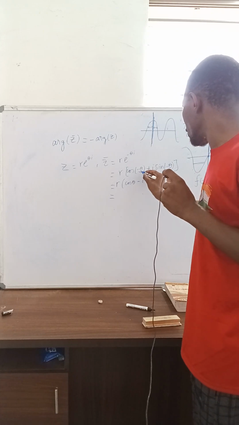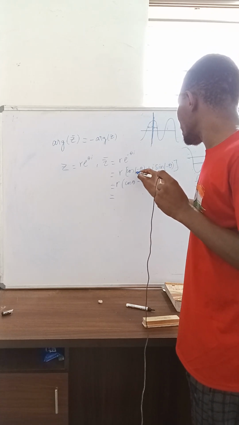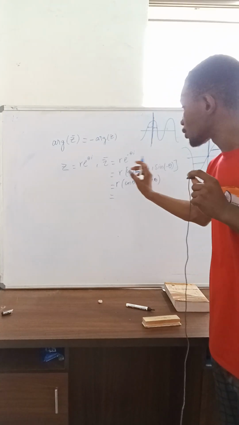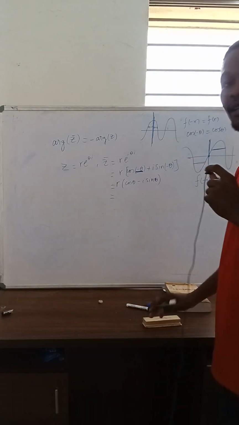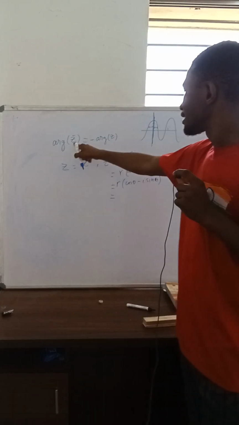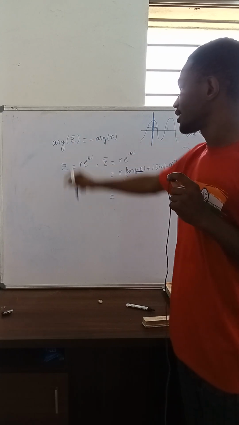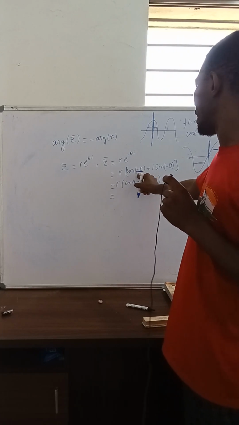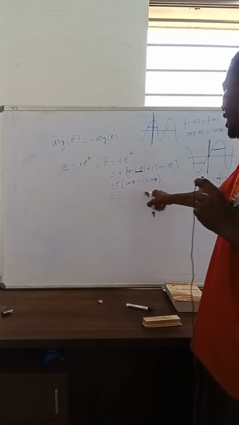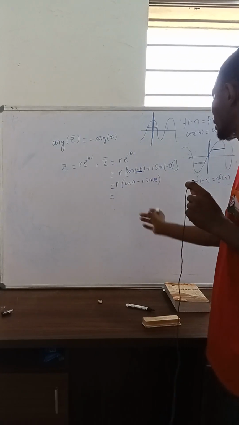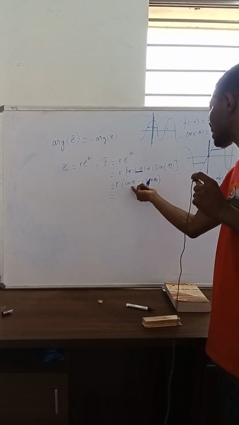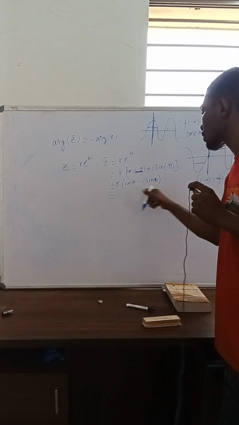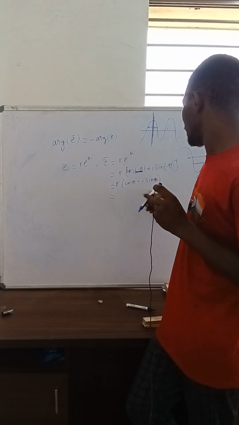This is the argument for the conjugated term of z. So whenever we have z conjugated, its argument will always be minus theta, negative, as you can see here. But here I just solved it to show you that this guy here is the same as this guy and is the same as the conjugate.